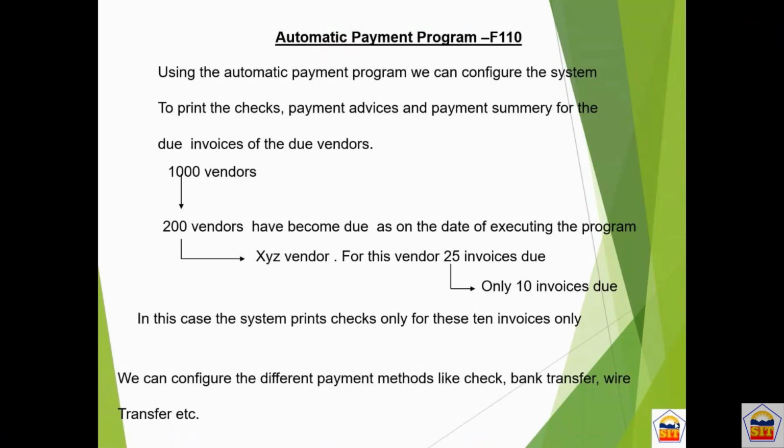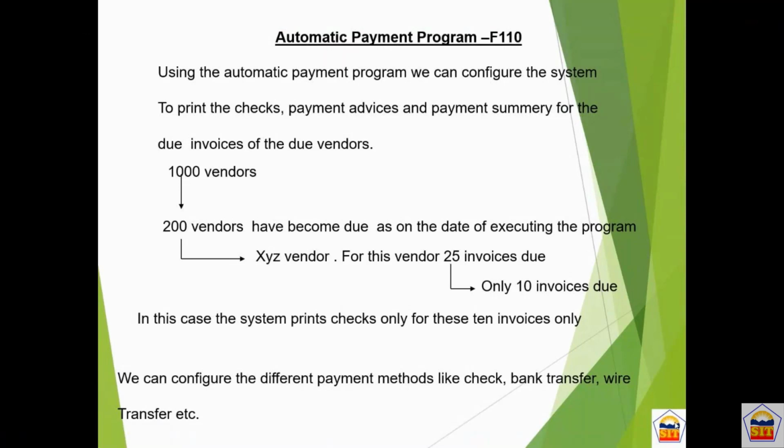This Friday, if we are going to process for all the 1000 vendors, no. The system is going to consider only 200 vendors. Why? Because these 200 vendors have payments, or line items, purchase line items, which are due as on the date of executing the payment program.